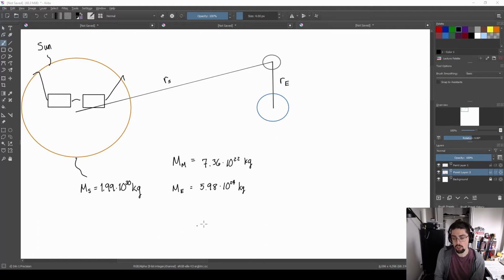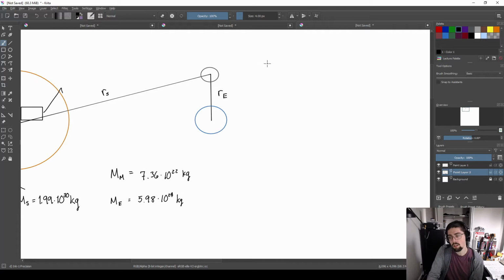I will call this value R of E. R of E is something like 3.84 times 10 to the 8th. R of S is more along the line of 1.55 times 10 to the 11th, 1.50 if we want to follow the table, 10 to the 11th meters.